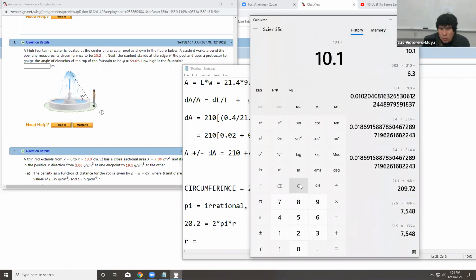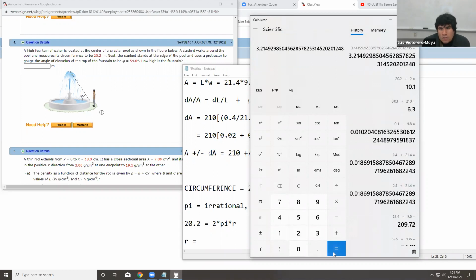Look, it doesn't matter what you use for pi. Actually, I have it here. So I get 3.21. Okay, so this has 3 sig figs, divided by 2. So actually, we need to do that.